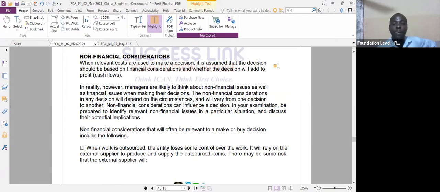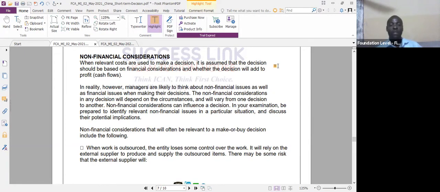Now, some of these non-financial considerations that are relevant to this make or buy would be, when the work is outsourced, the entity that did the outsourcing will lose some control over the job that they outsource. It will now rely on an external supplier to produce and supply the outsourced items.